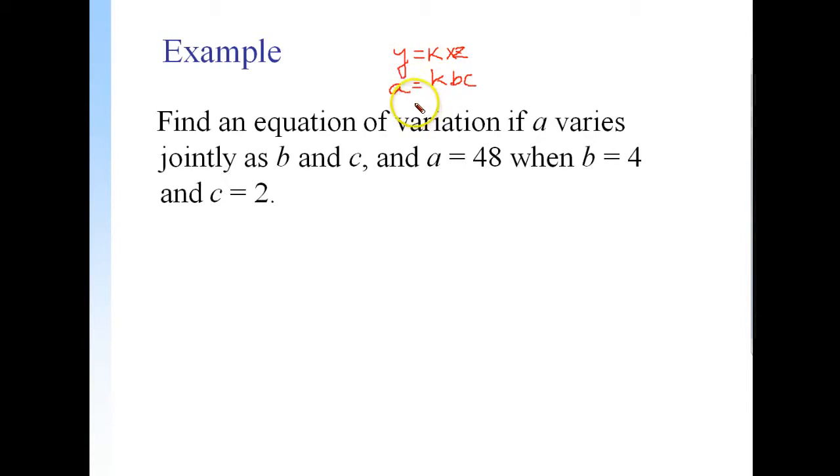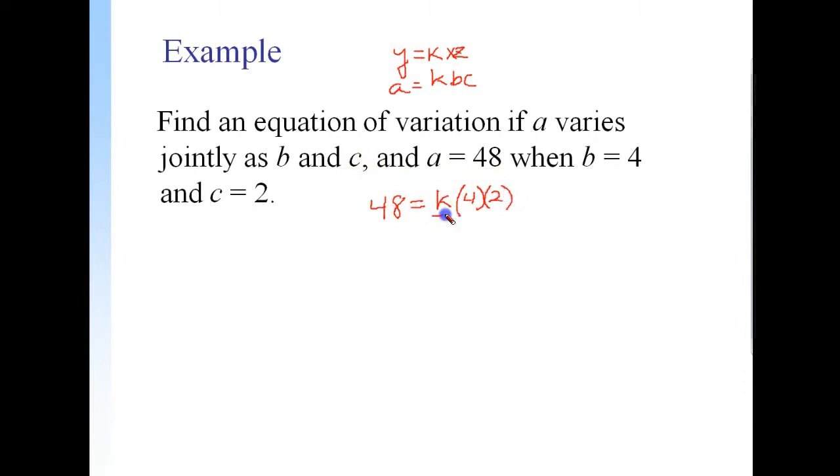So again, what we have to find here is what our constant of variation is. So we know that A is 48, so let's put that here. And then we don't know what K is. We know that B is going to be 4, and C is going to be 2.